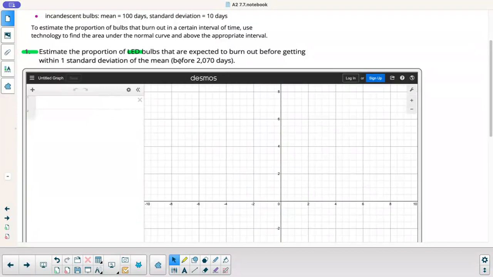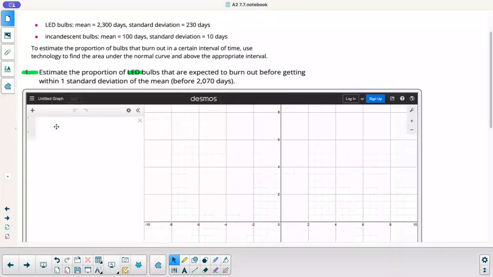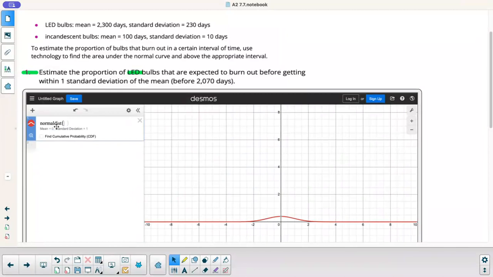Okay. So it's real easy to do statistics on Desmos. All I'm going to type in here is normal dist. And then I put the mean first, so 2300, I put a comma, and then I put the standard deviation. Now it's going to graph it here, but it's not going to be centered.